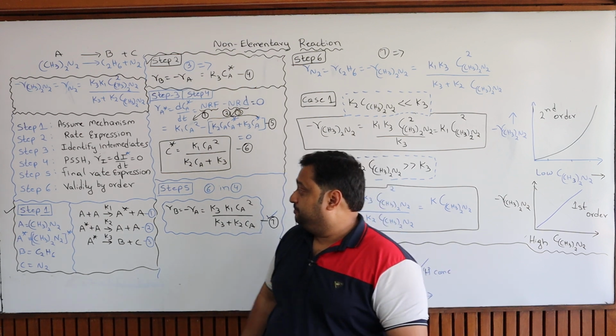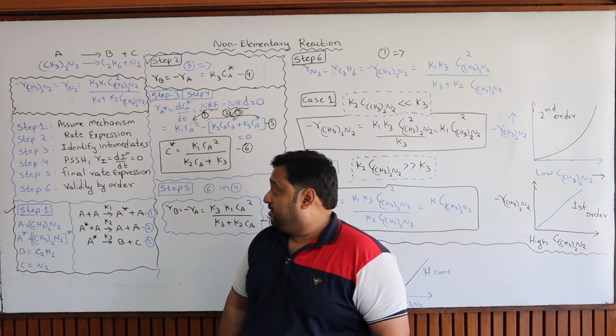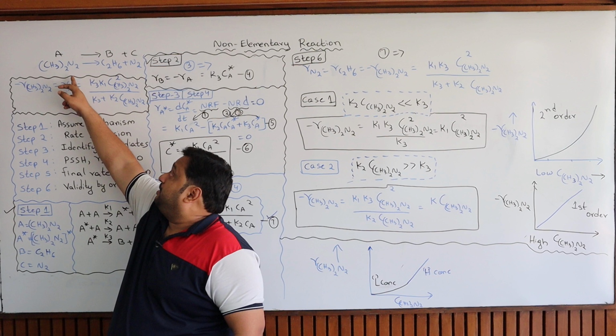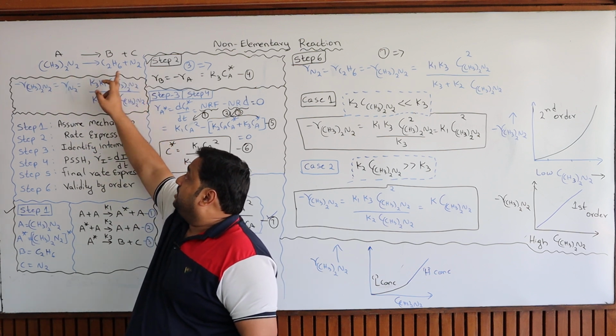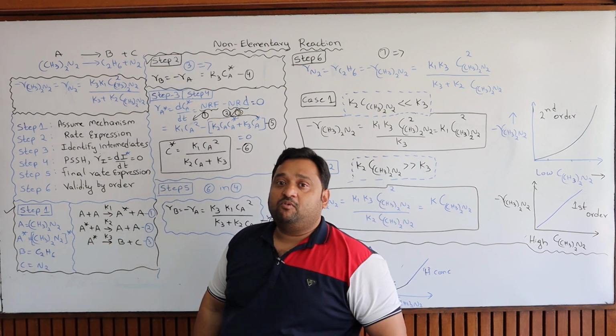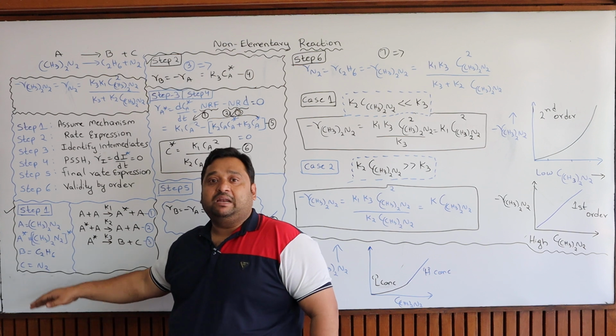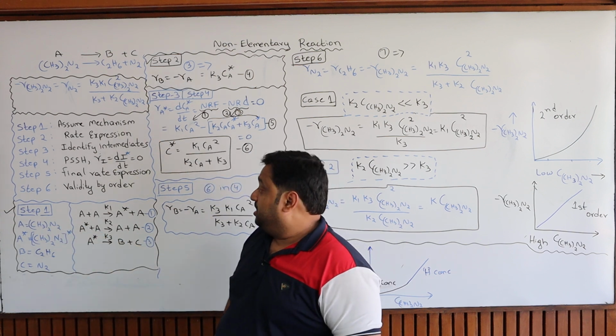Step 1, assume the mechanism. The molecule A is my azo-methane, B is my ethane, C is my nitrogen. A star is my activated azo-methane molecule. This is the nomenclature I have given for this reaction.